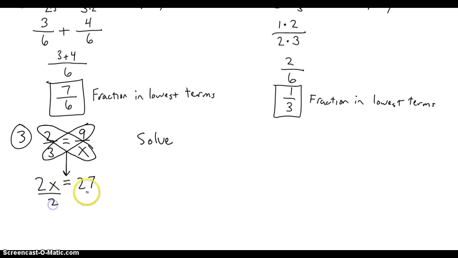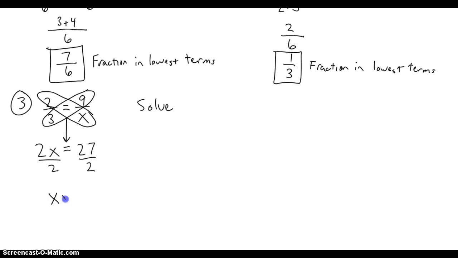So I'm going to divide both sides by 2. So x equals 27 halves. Notice, I can't reduce 27 halves. I'm not going to write it as a mixed number or a decimal. I'm going to leave my answer as a fraction, as a ratio in lowest terms.